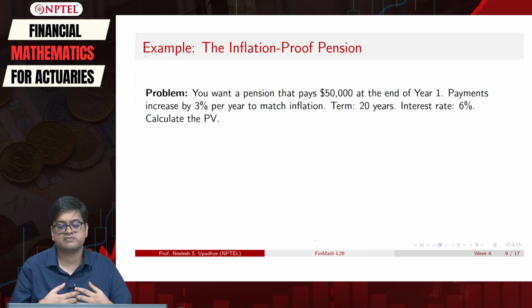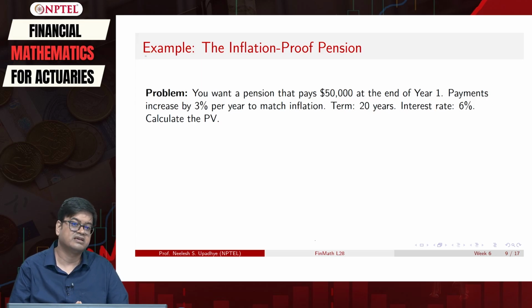I want the pension for 20 years and the interest rate I is 6%. I want to calculate the present value. So our goal is very simple. We will not do these calculations by using the new interest rate j. Okay, so that's the idea.